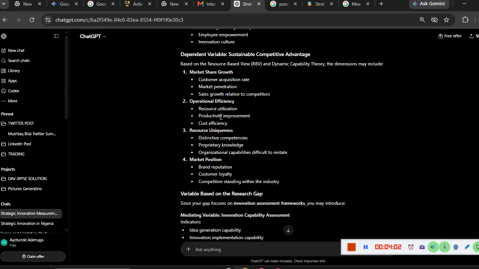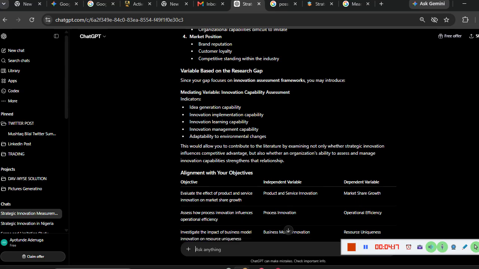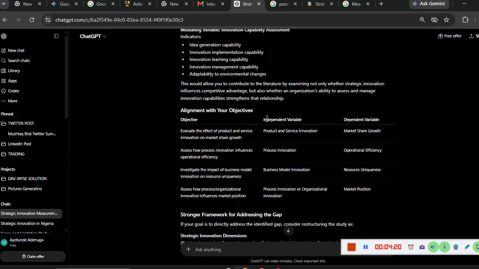Another researcher can now pick that study and want to do the assessment, which is what we are getting here. So now, based on the research gap, this would align with your objectives, to evaluate the effective results.